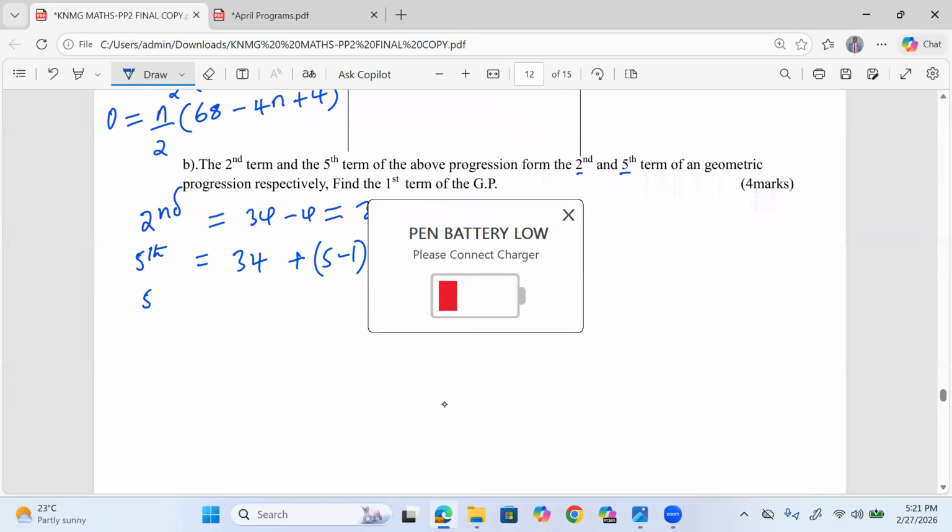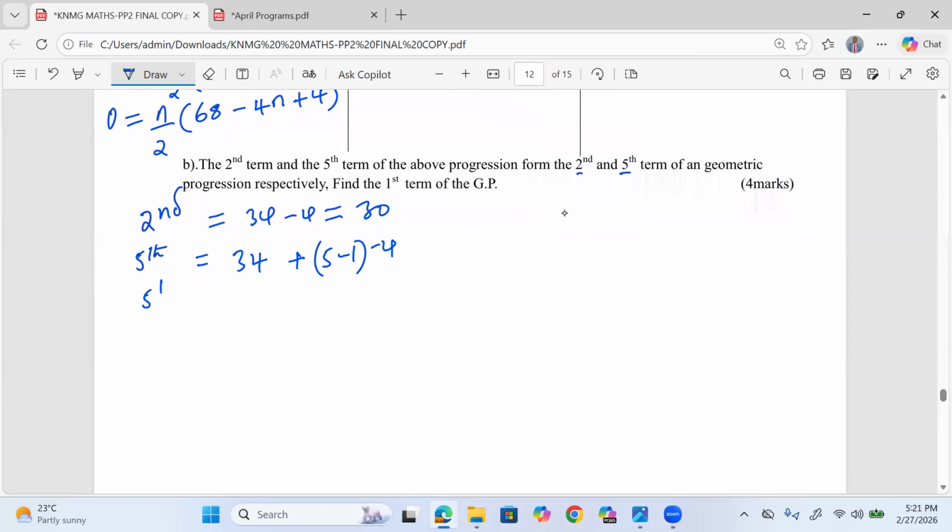So the fifth shall be 34 minus 16, because that is 4 times negative 4, which is 16. So are we getting 18? Yes, it's 18. So this is now the second in a GP, and this is also the fifth in the GP.